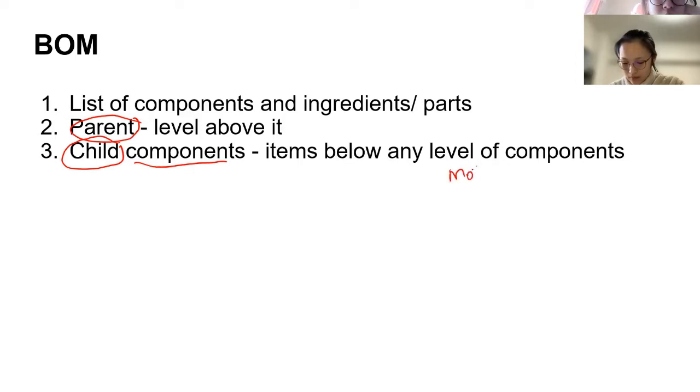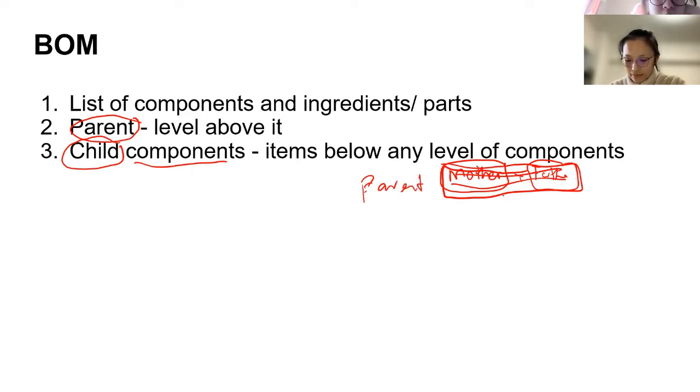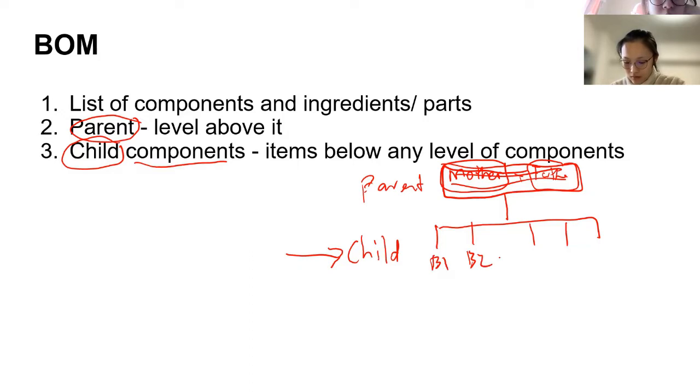You have a father and mother. Under here, these are called parents. Under parents, this level is called child. Do you have brother 1, brother 2, or are you the only one in your family?